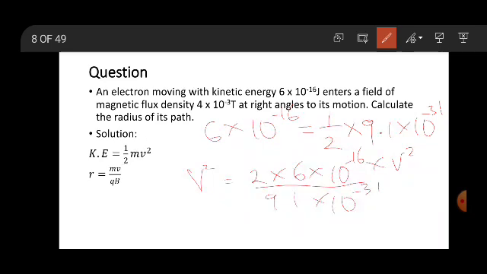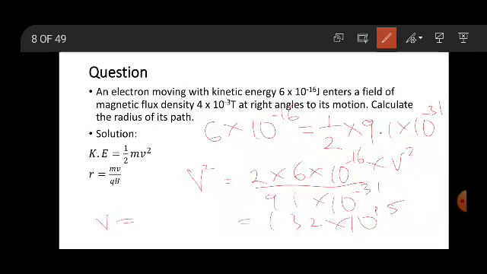That is 1.32 times 10 to the power 15. So that's the value for v squared, but we are looking for v, so we'll find the square root of that value.